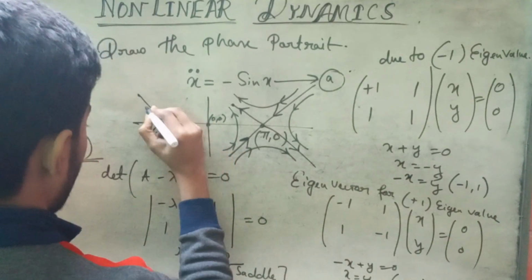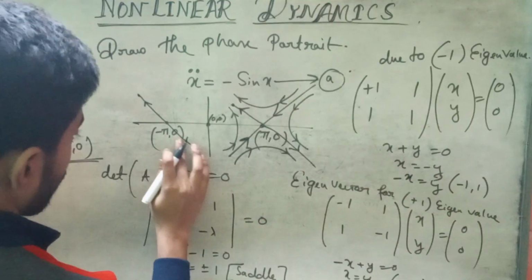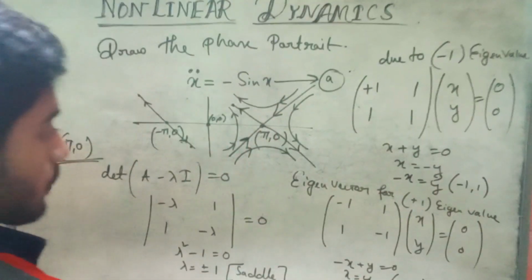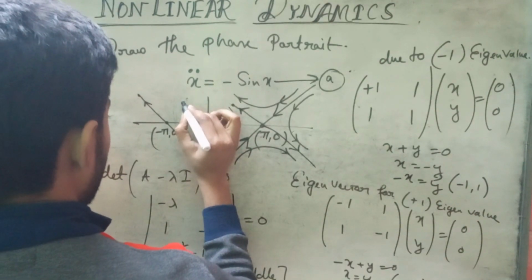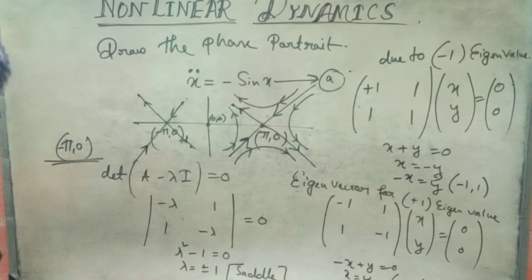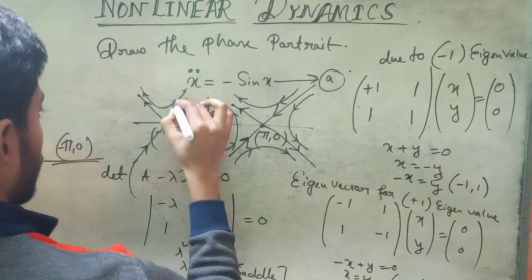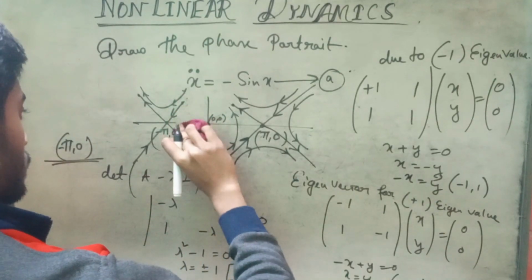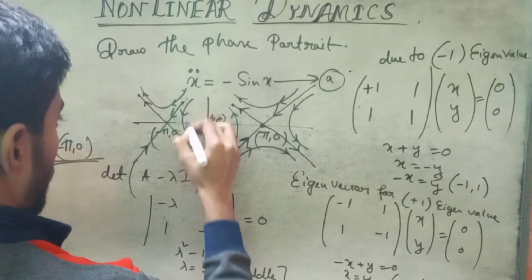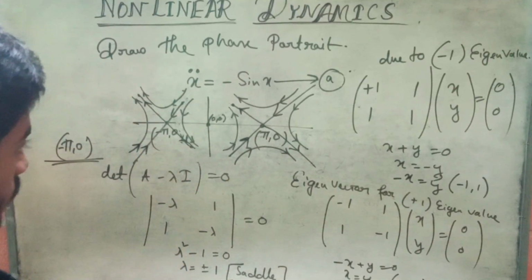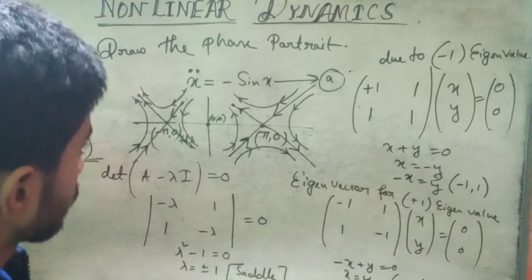And the system trajectories diverge. Due to the negative eigenvalue, which is minus 1, 1, the trajectories converge, as this is the negative eigenvalue. So here the system trajectories are just like this. Right? This is the minus pi, 0 fixed point.